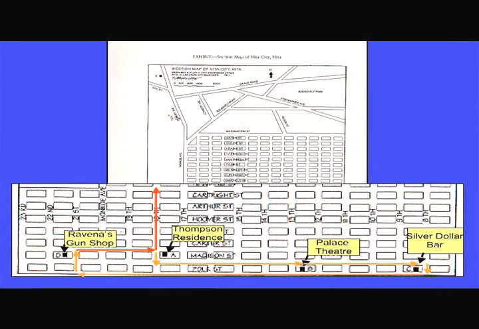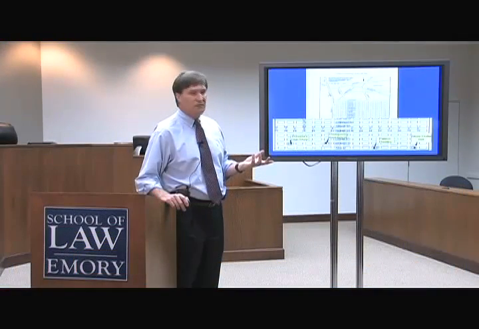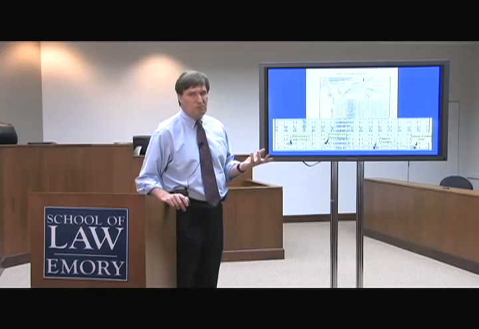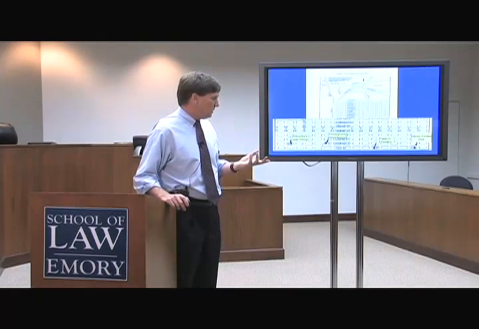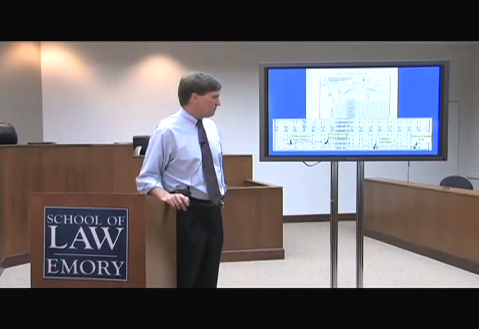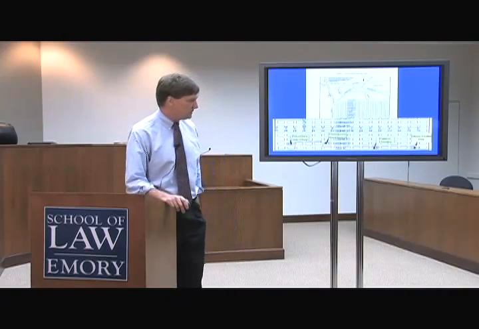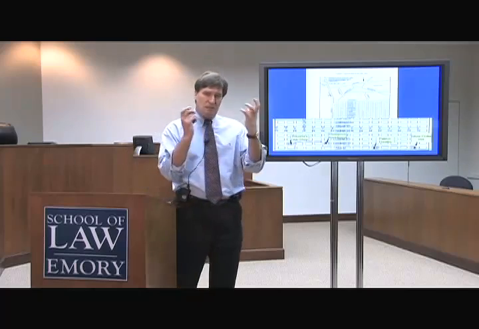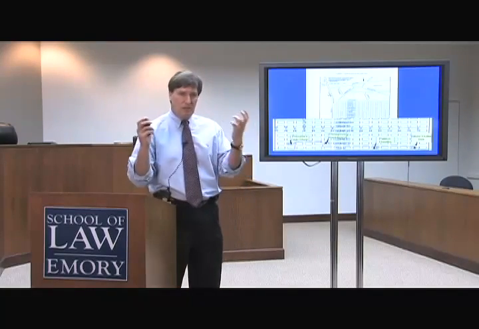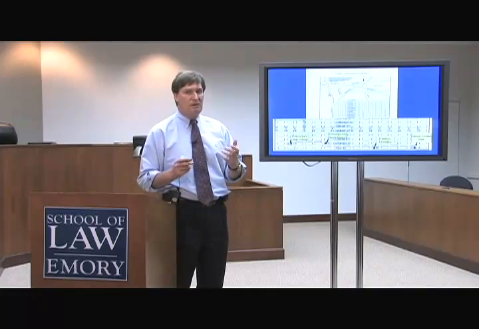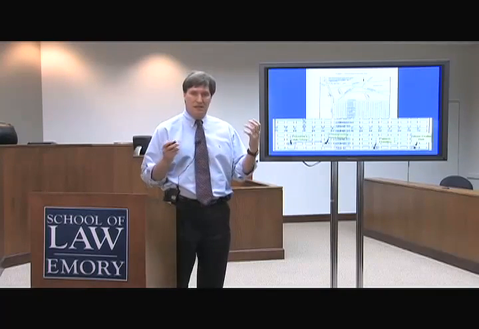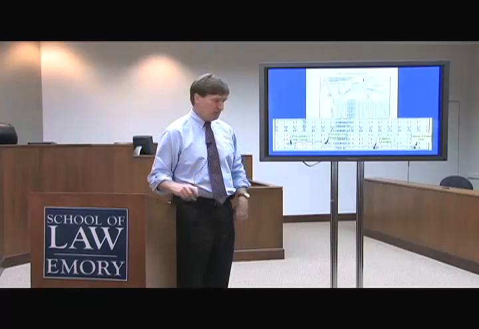So the similar points are not bullet points, but in fact you take the map and you visually show Thompson residence, Palace Theater, Civil Dollar Bar where he stopped, pounded down at least 4 beers, back around to pick up his gun, and then the path takes him, or certainly can take him, right back past where Leslie was shot. So you see that the presentation of the information then is presumably enhanced, and the power of it is better assessed if you can take it in a visual form and present it in a clear way.